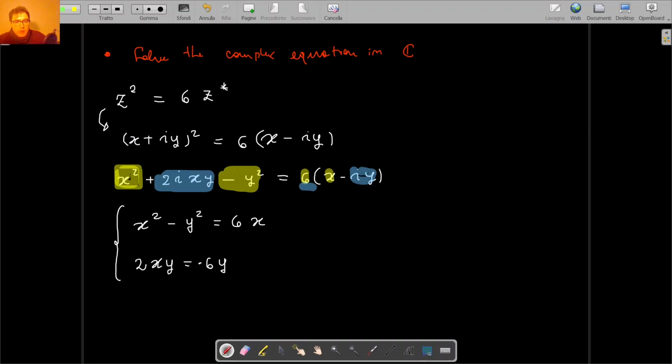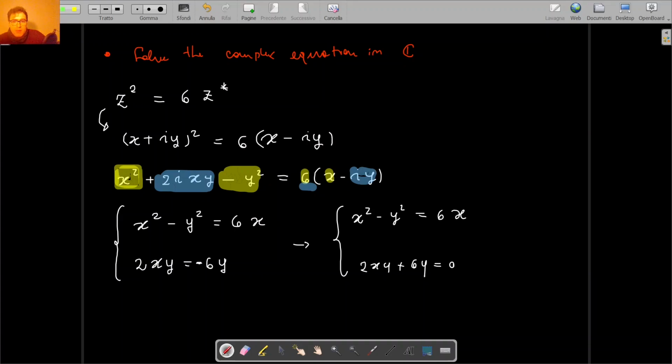Okay, and then we rearrange these equations. We have x squared minus y squared is equal to 6 times x, and 2xy plus 6y equal to 0.